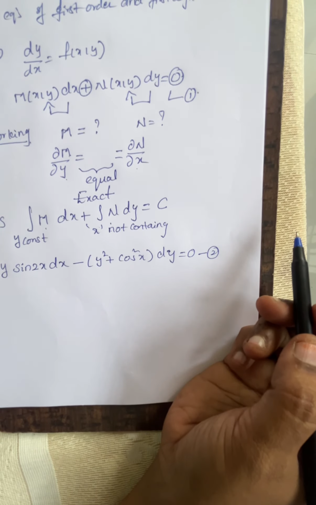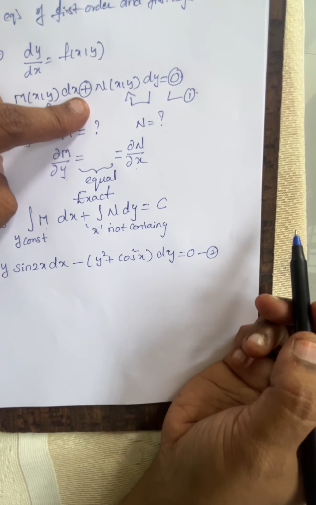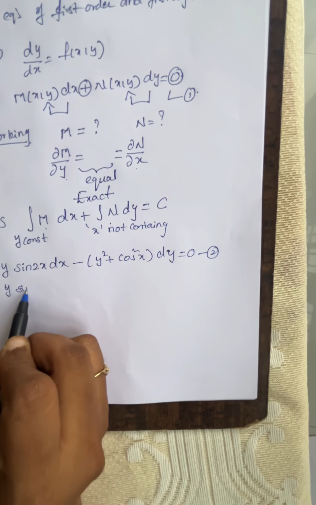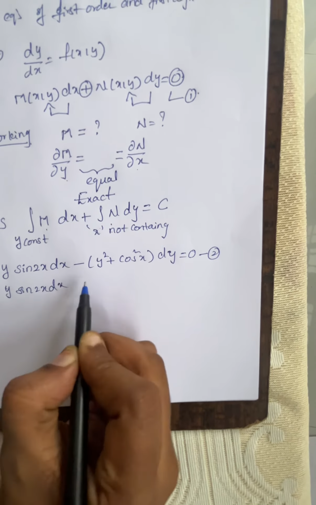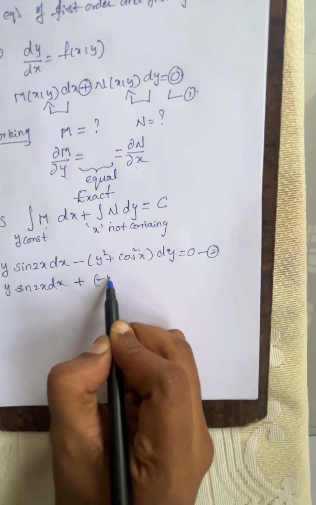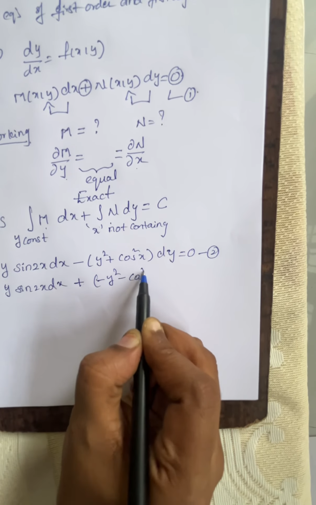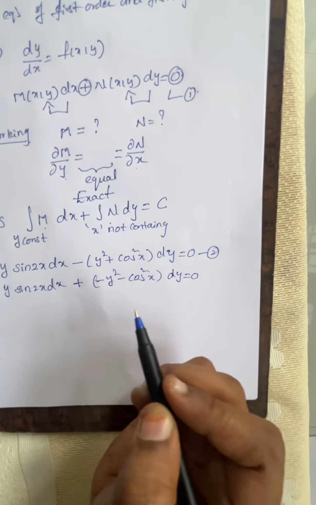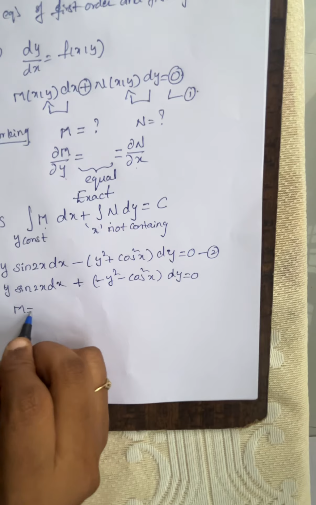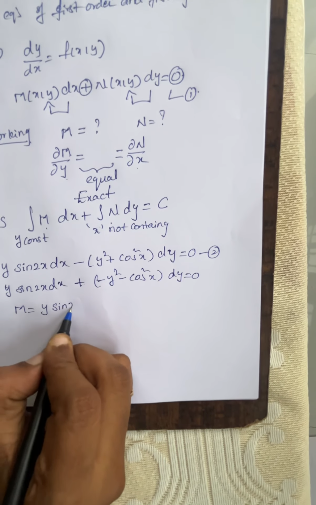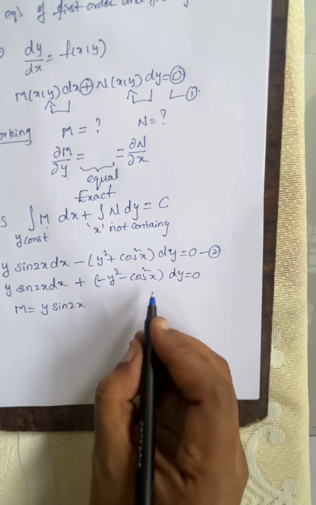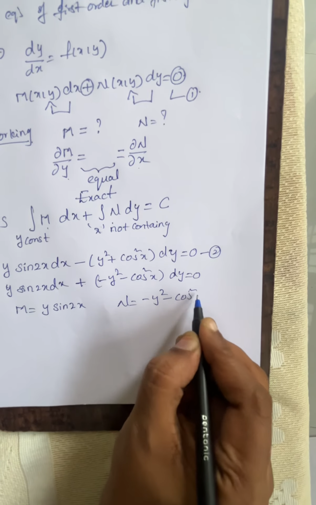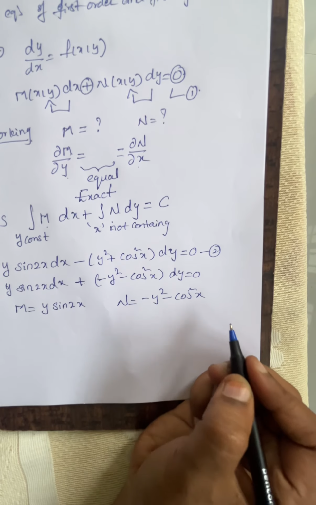For exactness, the middle sign must be positive. So the given question we'll rewrite by taking the positive sign outside and the negative sign inside the given function, and we'll make it an equation. Now if we compare with equation 1, we'll get m as y sine 2x and n as minus y square minus cos square x.